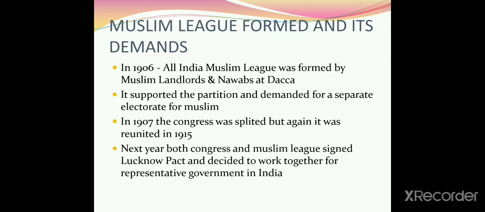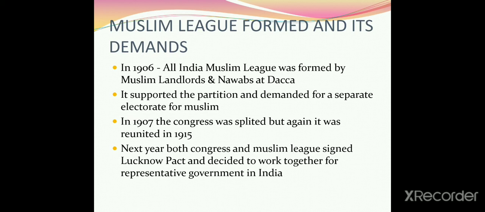The Congress split in 1907. The moderates were opposed to the use of boycott. They felt that it involved the use of force. After the split, the Congress came to be dominated by the moderates, with Tilak's followers functioning from outside.